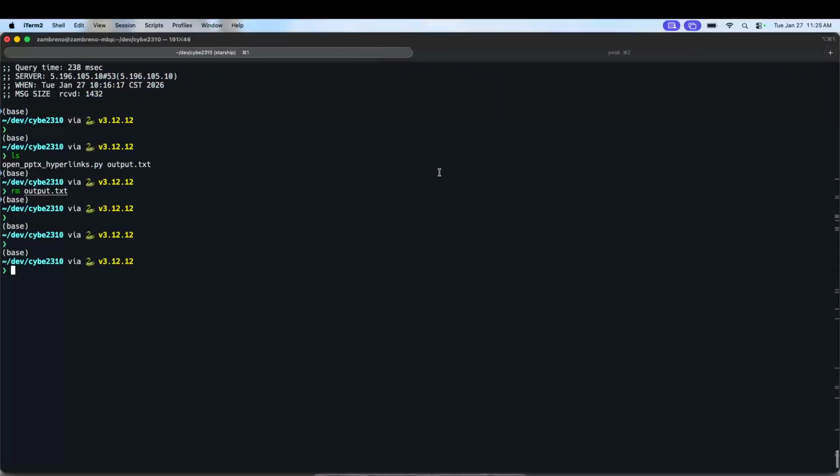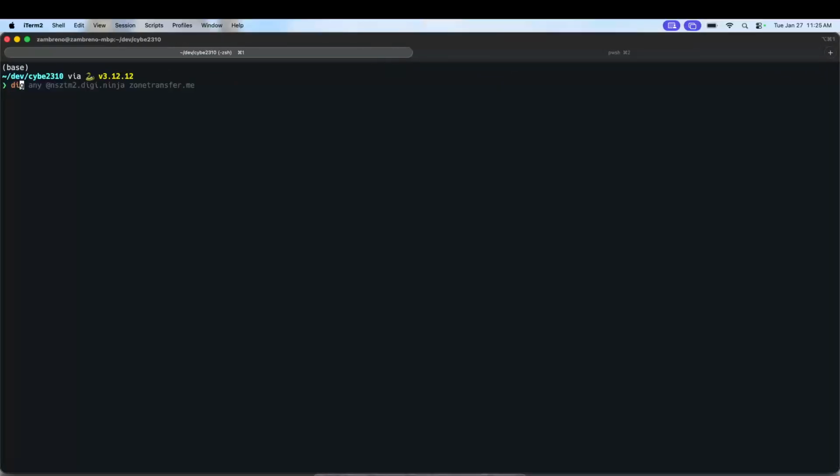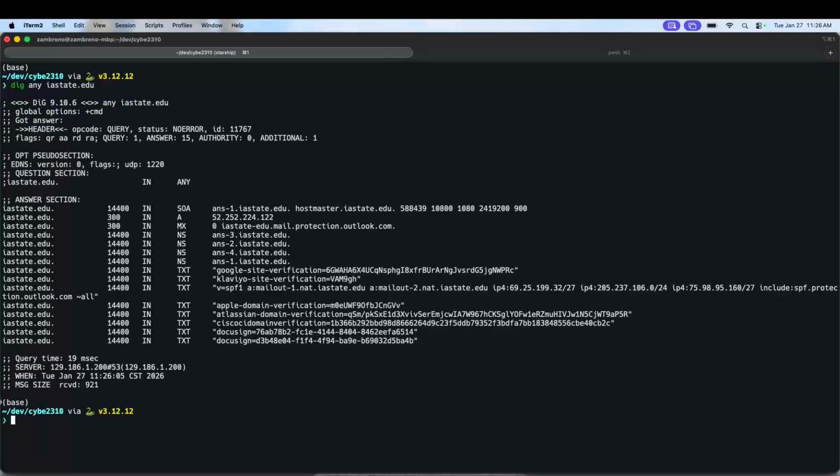Let's make this a little bit larger. The command is dig. Domain information groper, which is just kind of awkward sounding. Dig, give me basically all the domain information for iastate.edu. And here we get more than just the DNS records.